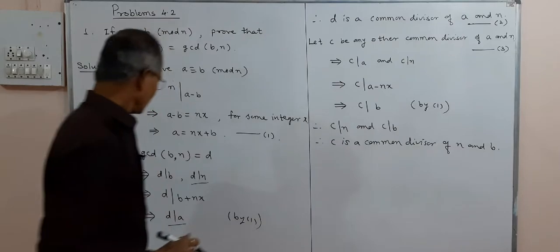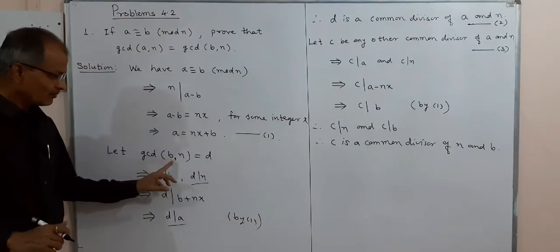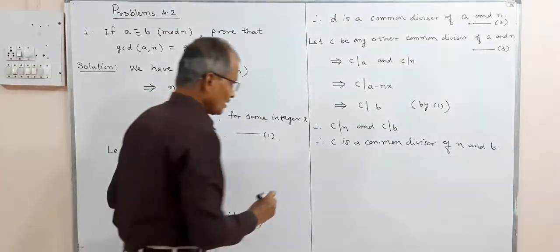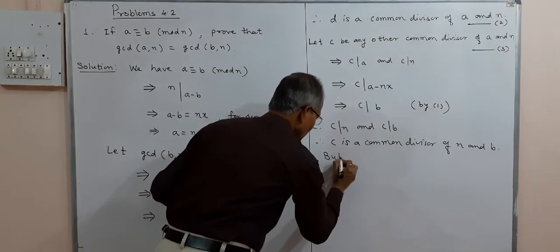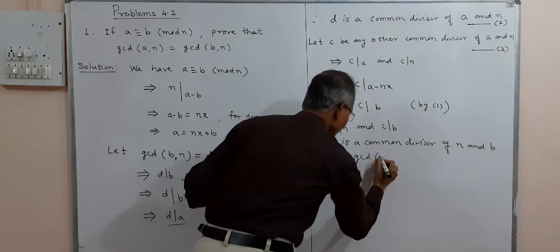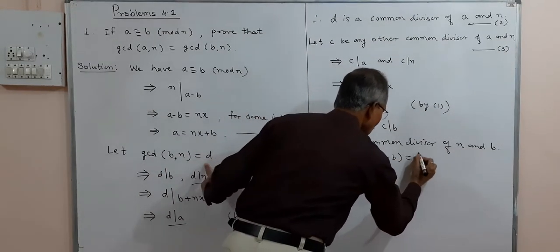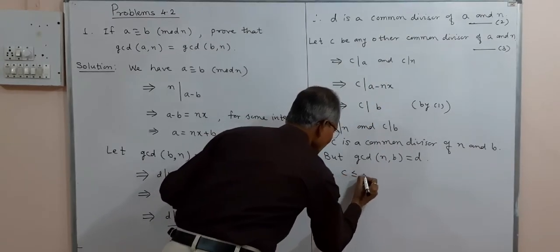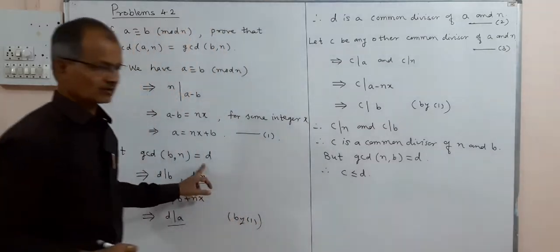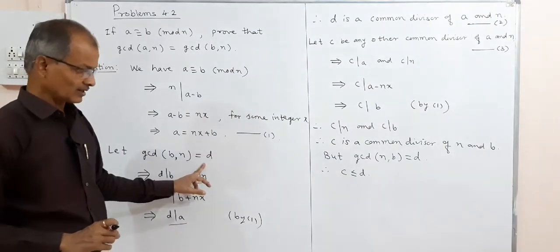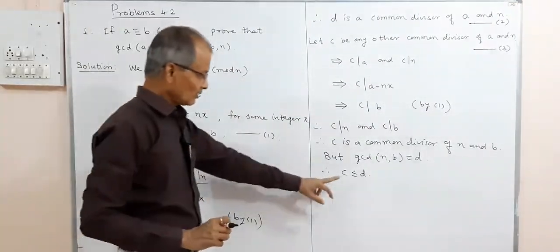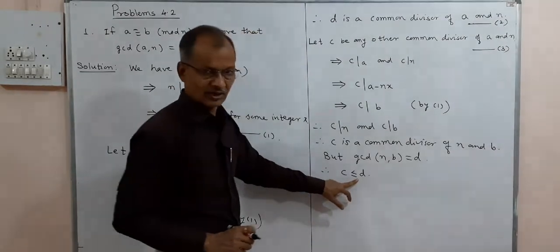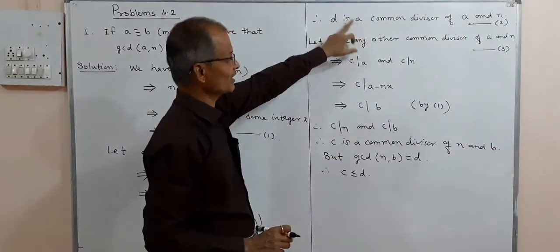But the greatest common divisor, GCD of n and b, is d, and therefore we must have c less than or equal to d, the greatest common divisor. A common divisor is less than or equal to the greatest common divisor, and so c is less than or equal to d.